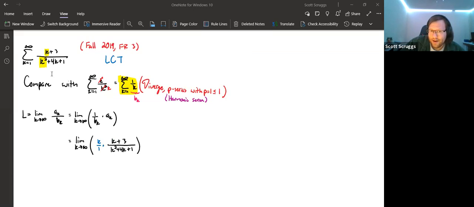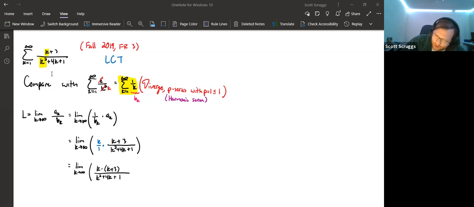Multiplying two things together means multiplying the numerators and multiplying the denominators. That gives me the limit as k goes to infinity of k times k plus 3 over k squared plus 4k plus 1.